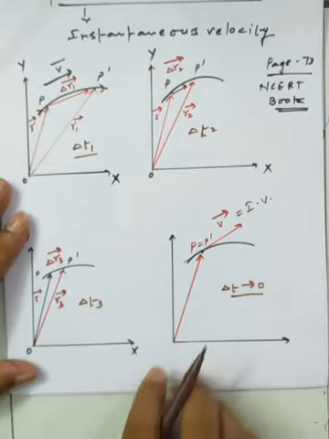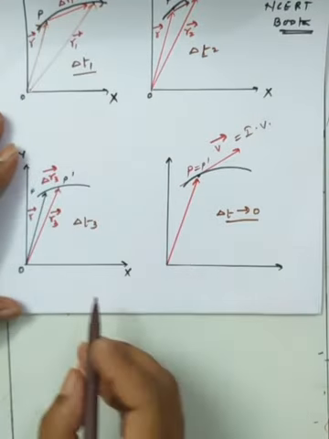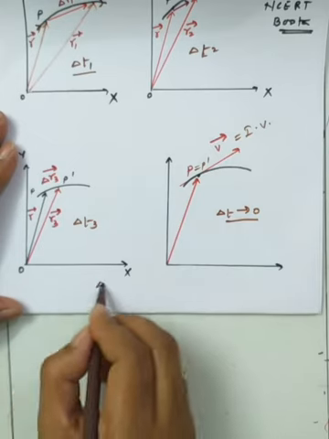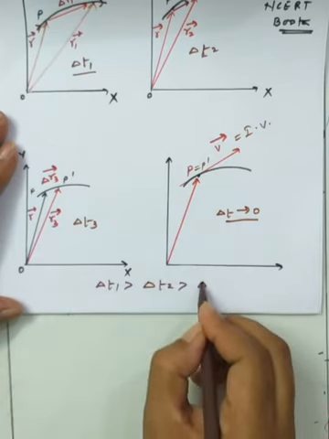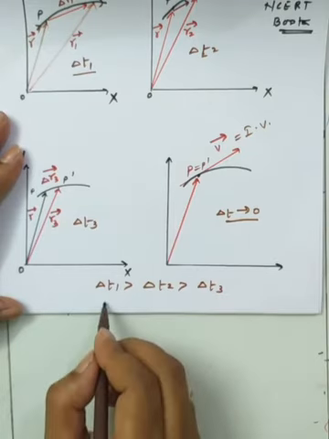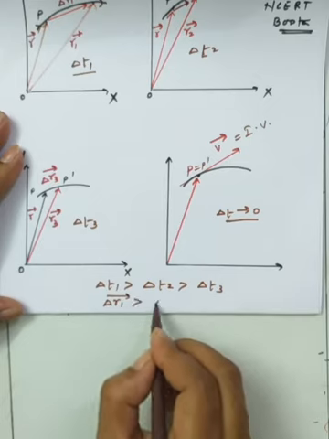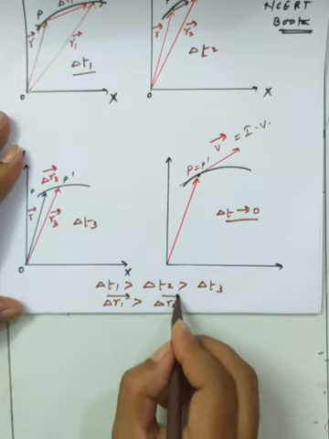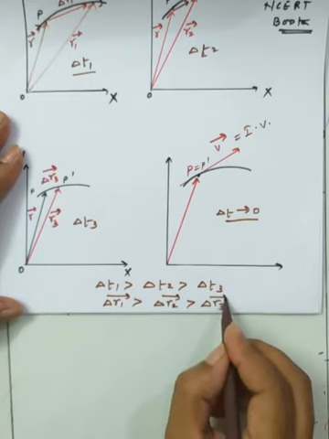Here we have the relation about the times, that is, delta t1 is greater than delta t2, which is greater than delta t3. We can also show the displacements: delta r1 vector is greater than delta r2 vector, which is greater than delta r3 vector in these cases.